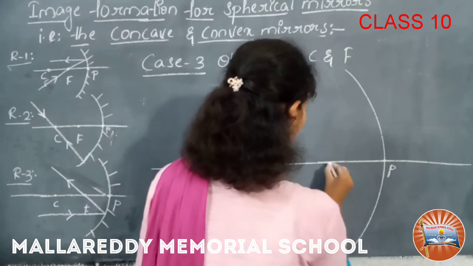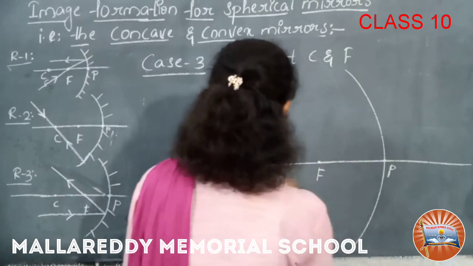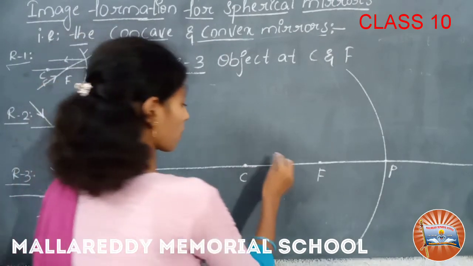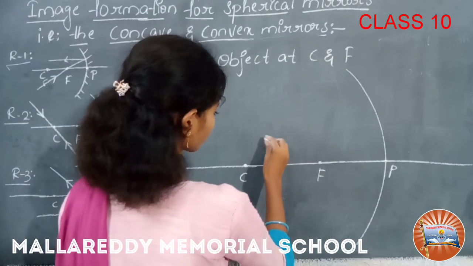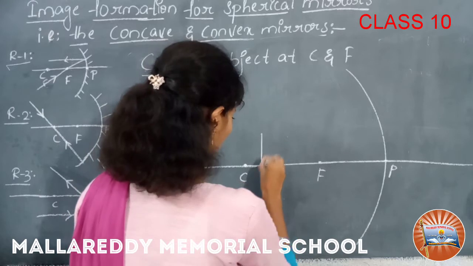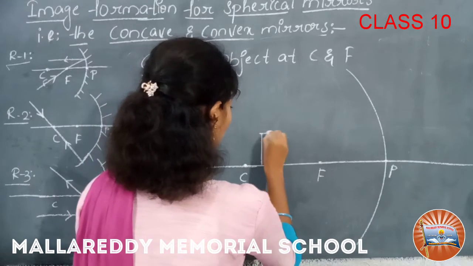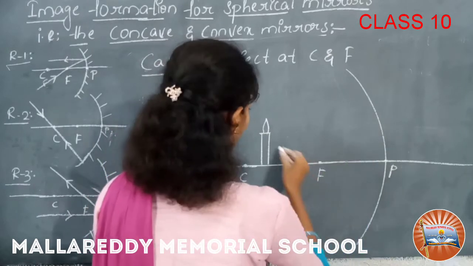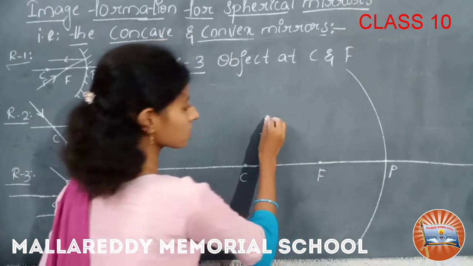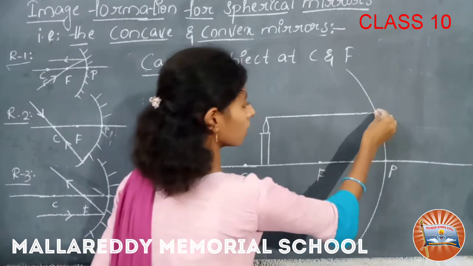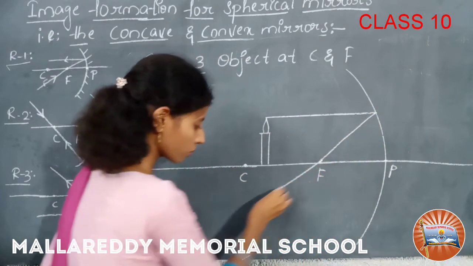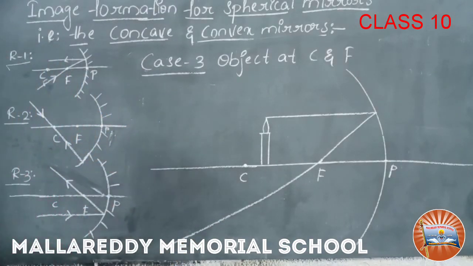Here the pole, principal focus and center of curvature. So now here, when the light ray is incident on the mirror, we know it is reflected through the principal focus, right?